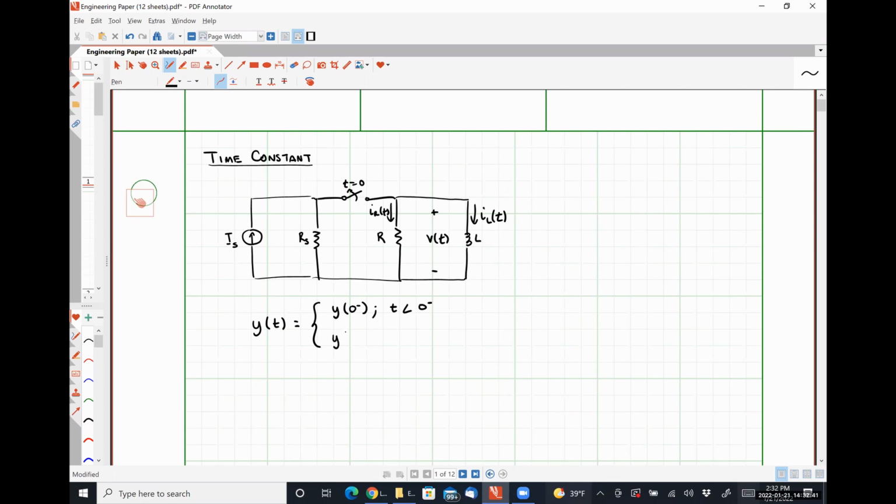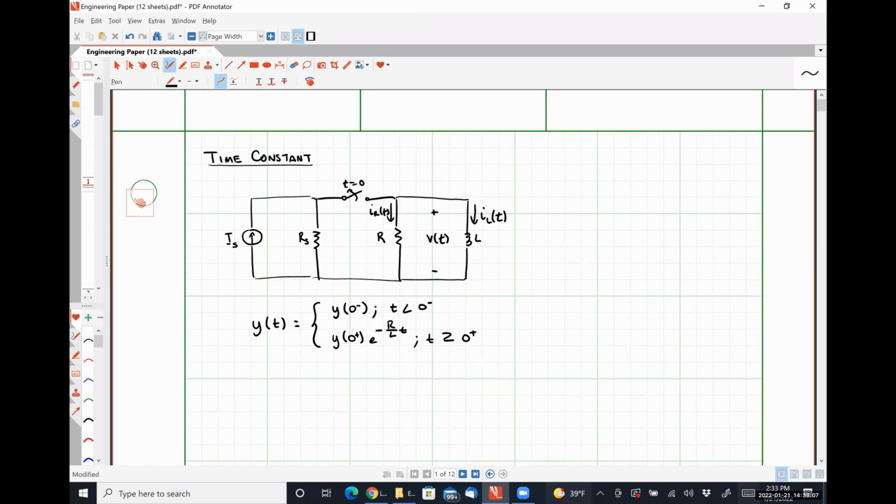And then it had a value of y of 0 plus times e to the negative R over L multiplied by time, for t greater than or equal to 0 plus, or all points in time after the switch had changed states.